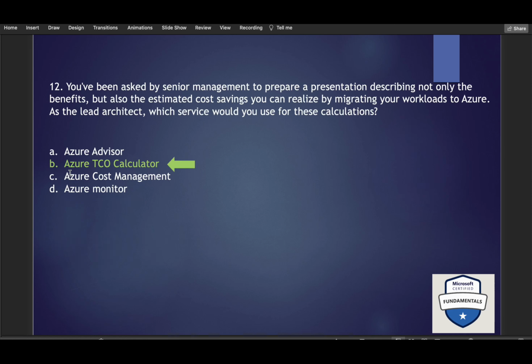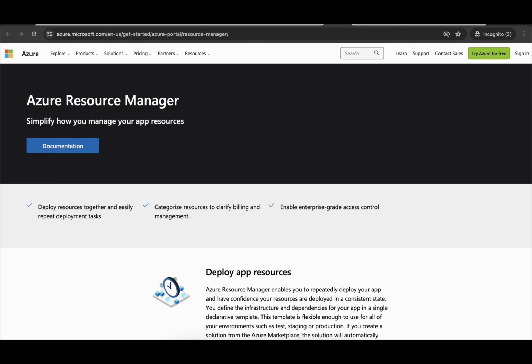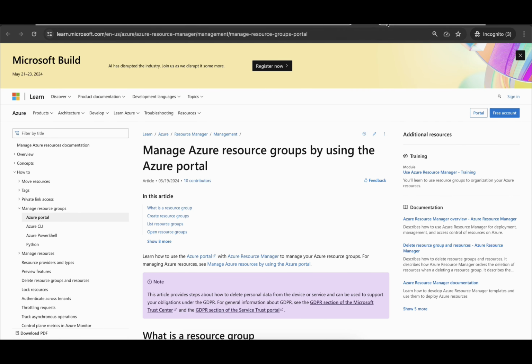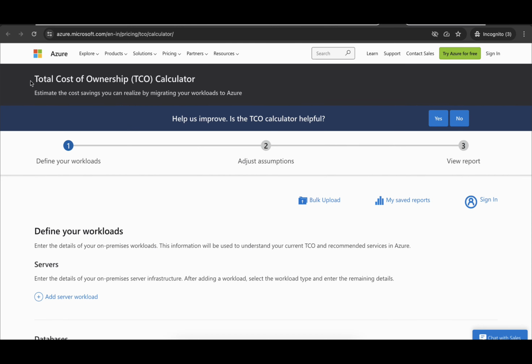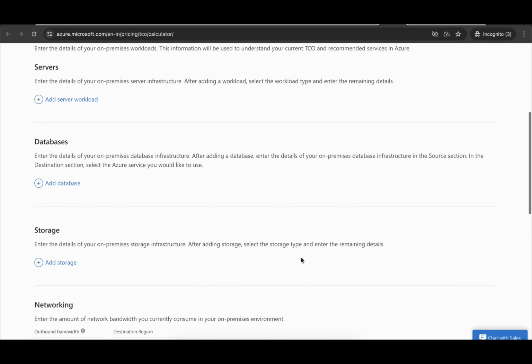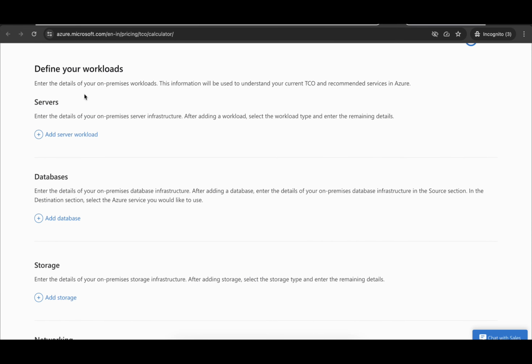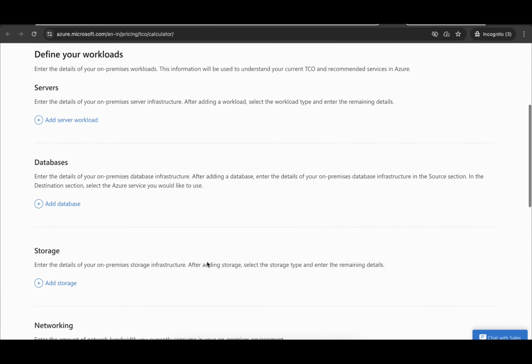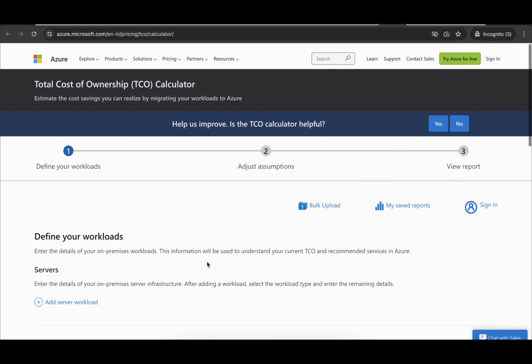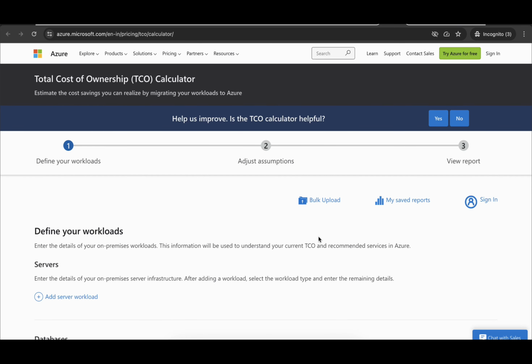So you have this Azure Total Cost of Ownership calculator, and this is available here. This is where you can calculate your ownership cost. You can define your workload, databases, storage, servers, networking, and then calculate the cost savings.